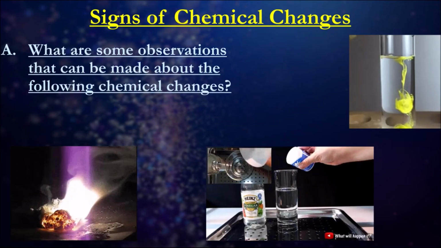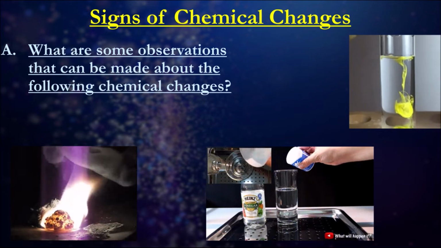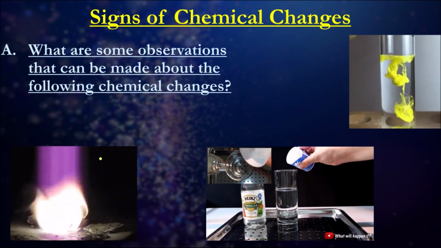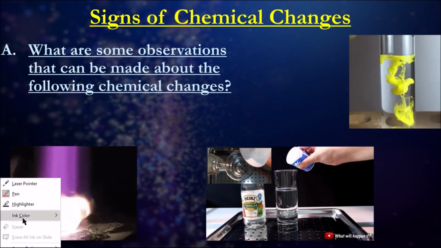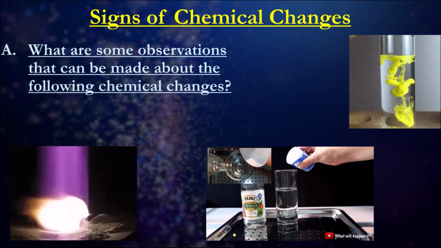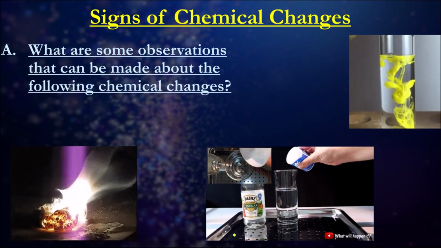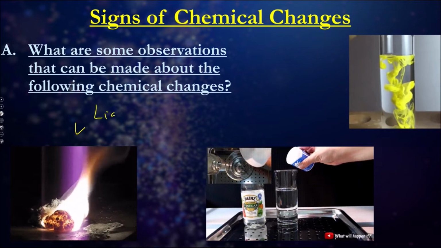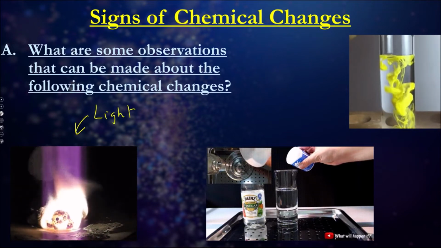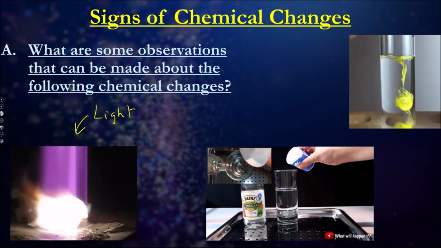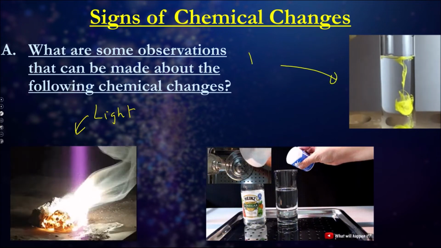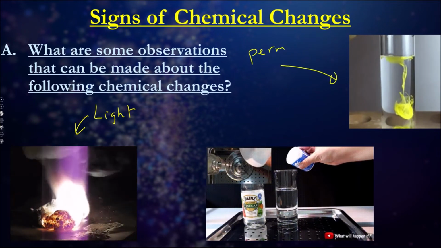So let's look at some signs of chemical change here. We already talked about a couple earlier on. Firstly, light production. If it's a chemical change, we may produce light. We also see a permanent color change.